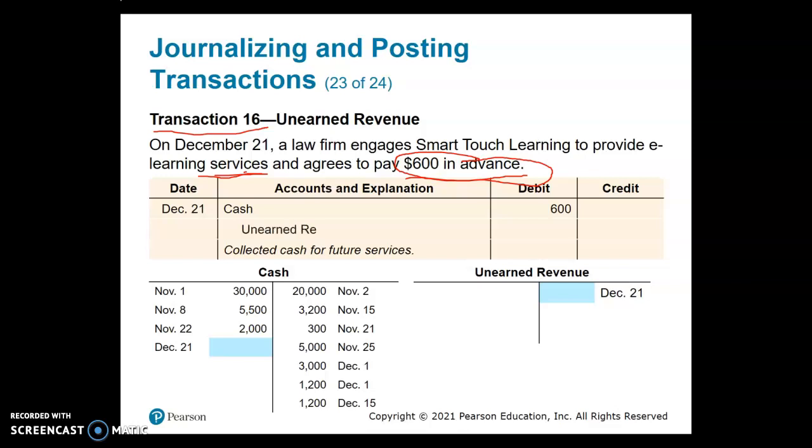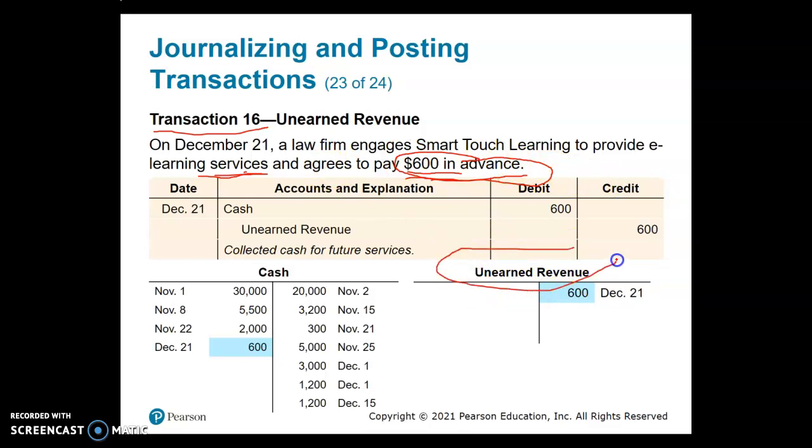Let's talk about unearned revenue. Unearned revenue is a liability. SmartTouch now, because they've been paid $600, they now have an obligation to provide these learning services. So a liability doesn't necessarily have to be an obligation to pay money. It can be an obligation to provide a service, and that is the case with this one.